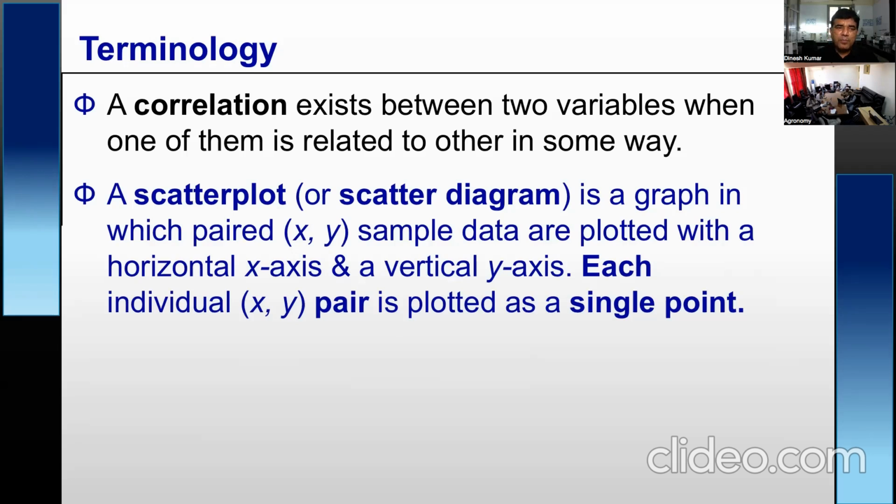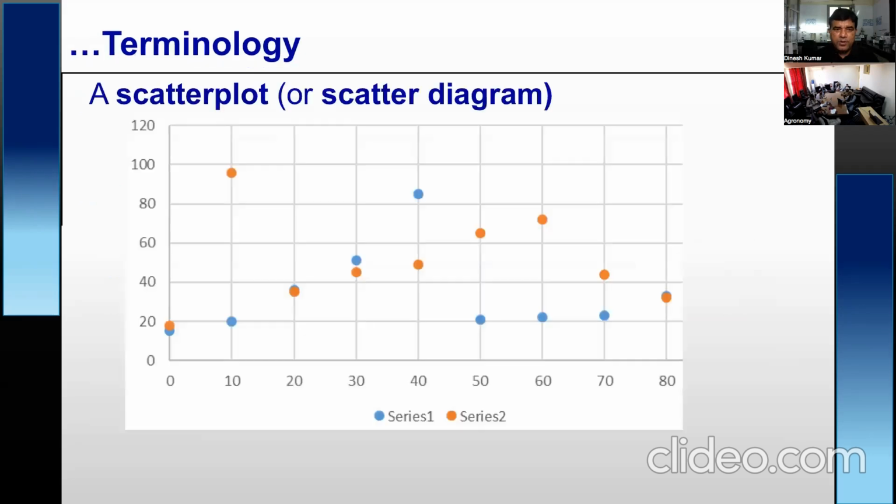This kind of plot is called a scatter diagram or scatter plot. I think you have already seen it. Here, no trend is visible. You cannot visualize whether the data is following a linear relation, on the x-axis and y-axis.